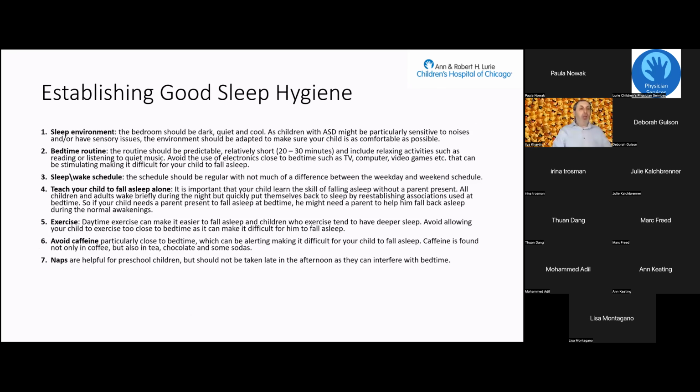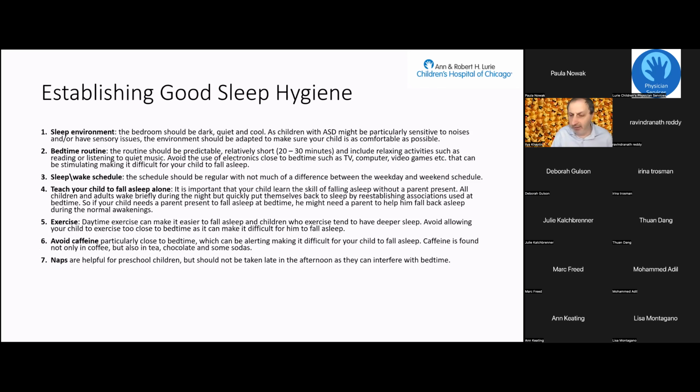So once we know that the child has sleep issues, we need to establish a good bedtime routine. The bedroom should be dark. The routine should not start too early. It is bad if the bedtime routine is excruciatingly long. Our children should not go through 2 hours of preparing for bed. Children, especially children with developmental delays, don't necessarily understand what is going on and how to deal with it.